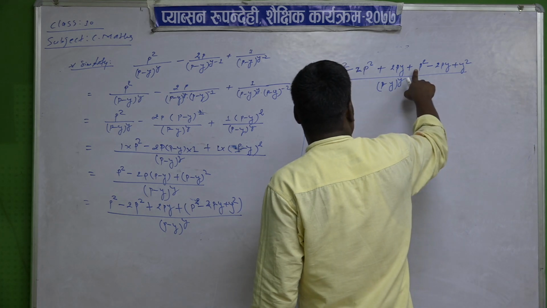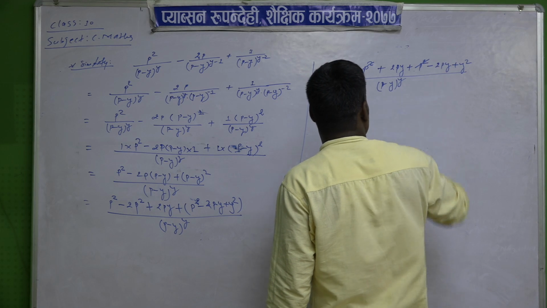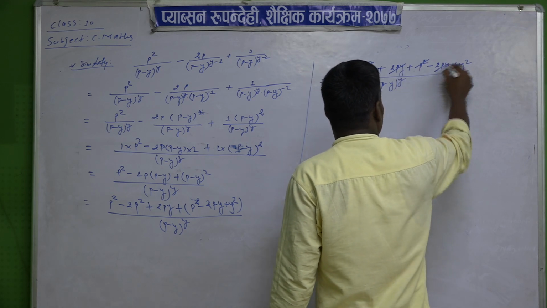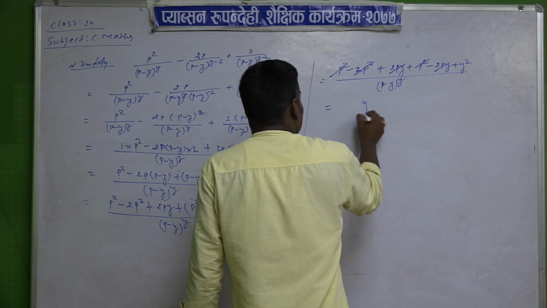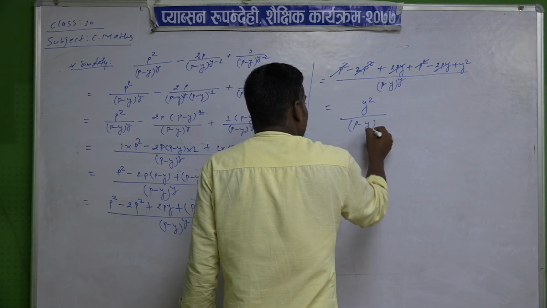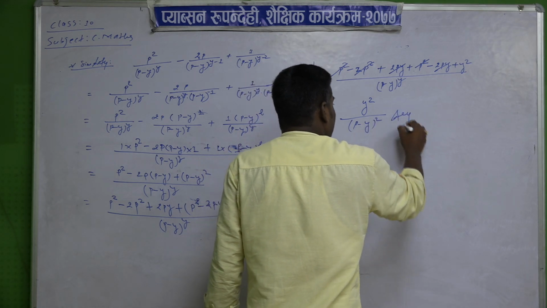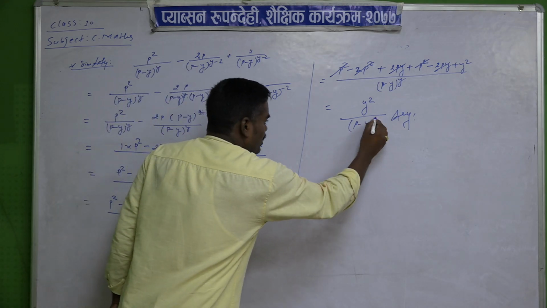So see here p² plus p² means 2p², minus 2p² cancel, plus 2py minus 2py cancel. What is left? y², this (p − y) whole square. This is the (p − y) not whole square power y.